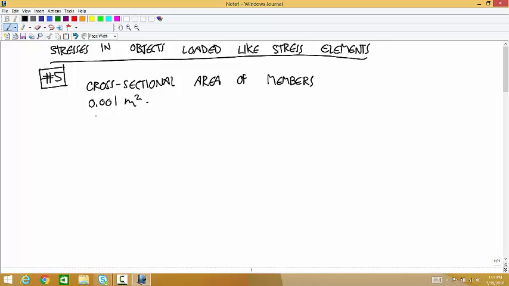Okay, so we've been doing internal loads, and we've done it with point loads. We've done it with point external loads, but we have to talk about when the external loads are distributed loads.